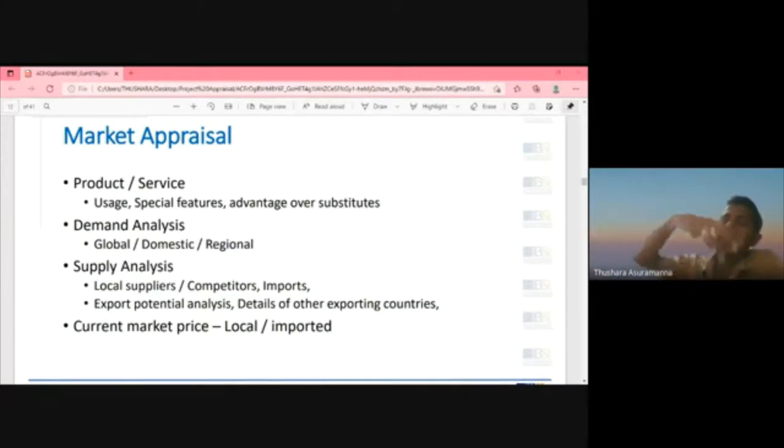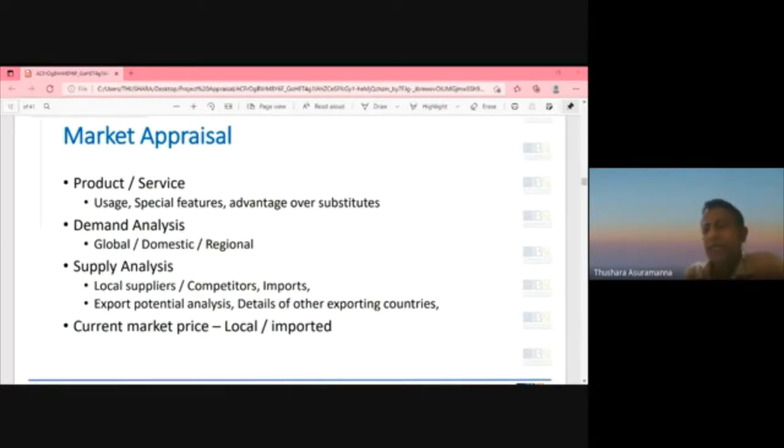If you try to process different varieties where the intended countries are China, Middle East, Korea, possibly we can look for that opportunity, look for the proposal.